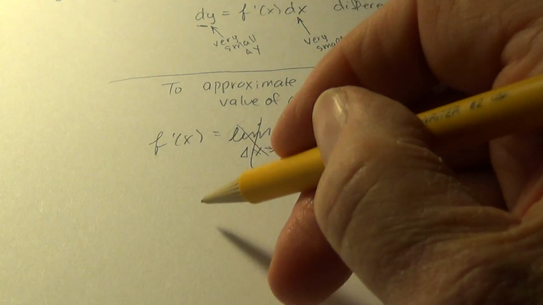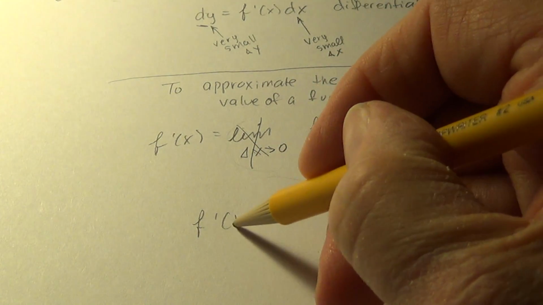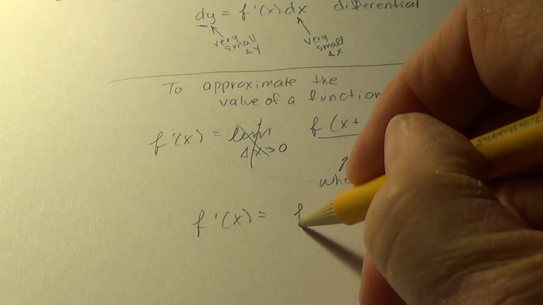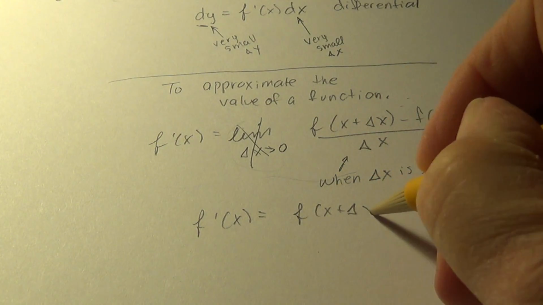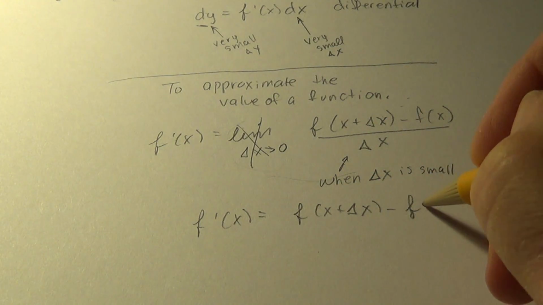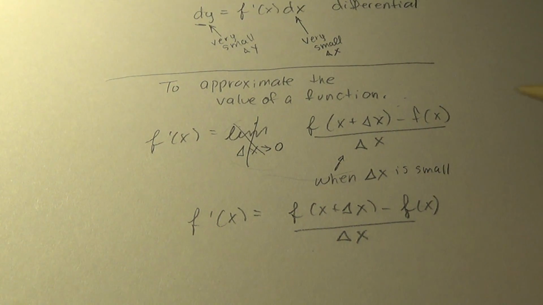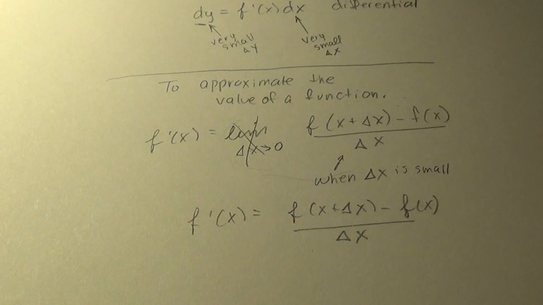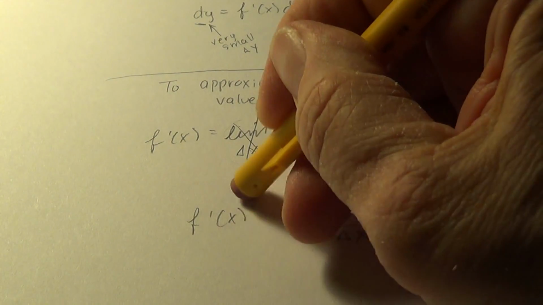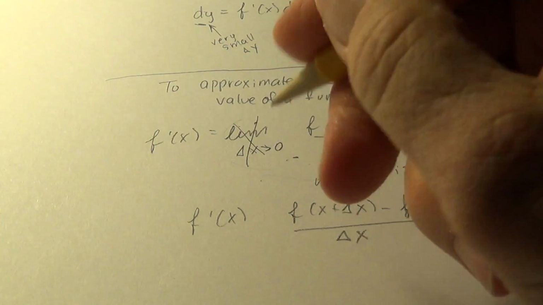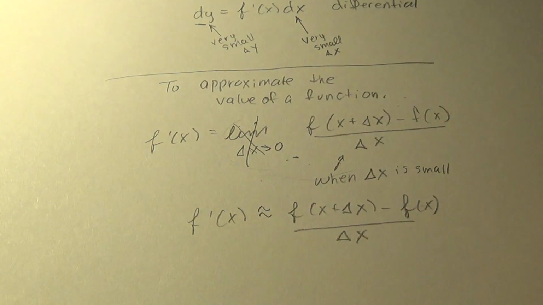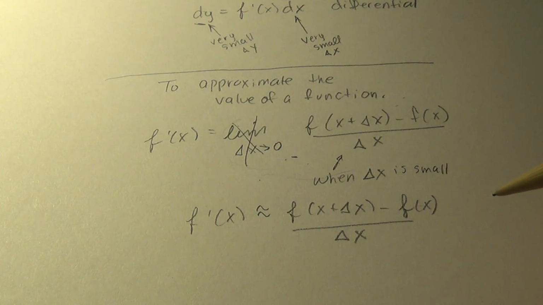So again, we are approximating, but they're going to be very good approximations without the limit. So when change in x is small, we are going to drop the limit, and now this really isn't equal anymore. It's approximate. So we use the wavy equals line, a symbol for approximation.